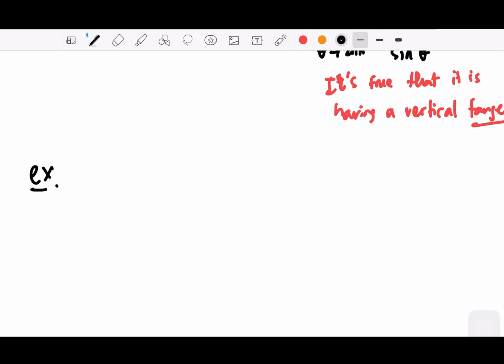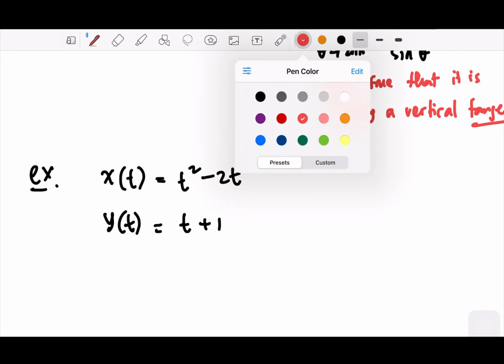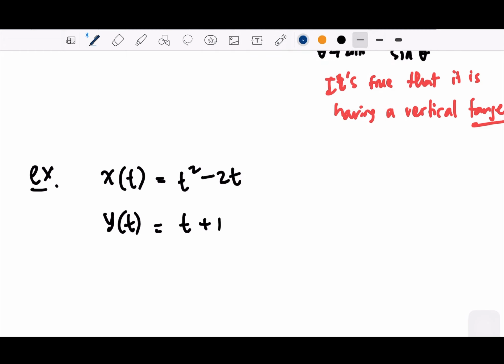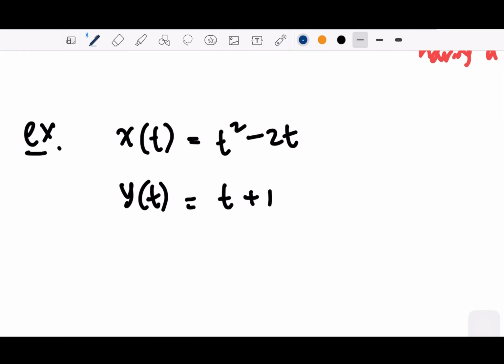For example, we know that we have a parametric equation, and let's say we have, for example, this is the last Tuesday example, I think. Just to recap what we have done so far. There are several ways to see what this is.